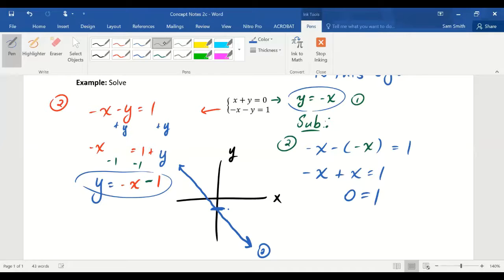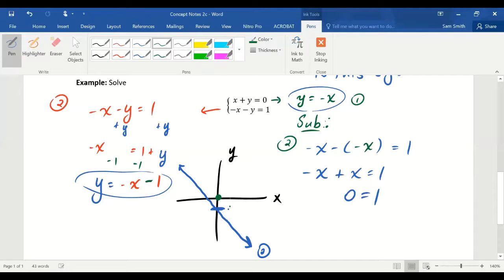Now compare that with the first equation. y equals negative x. It starts at the point 0 for x. If 0 is x, then 0 is also y. So it starts here at 0, 0. And it also has a slope of minus 1.